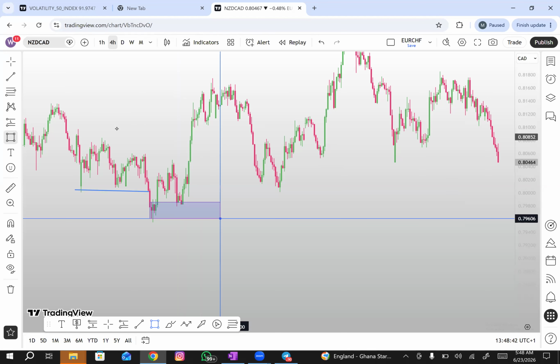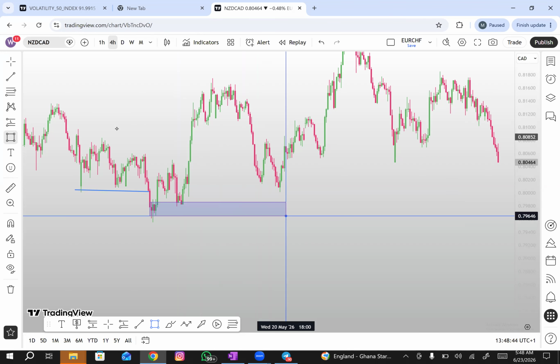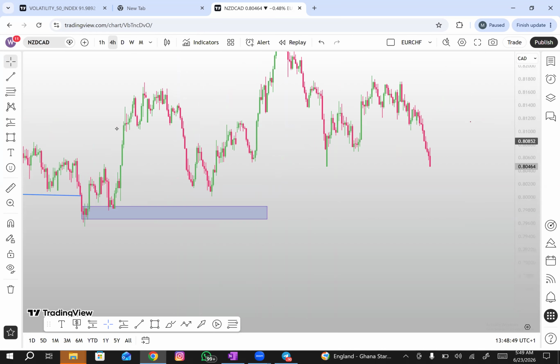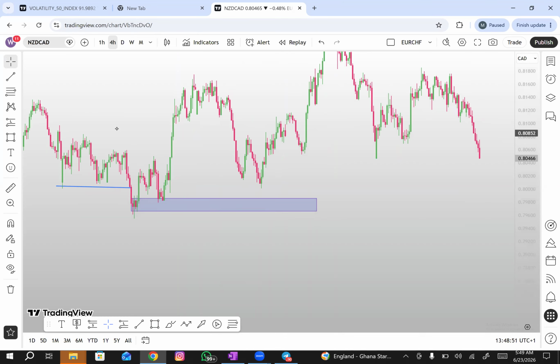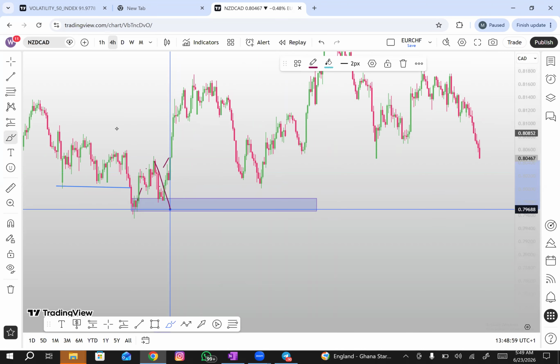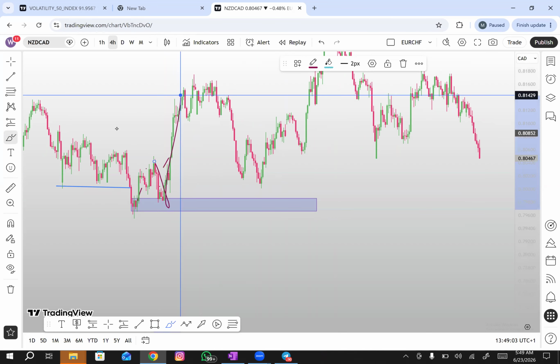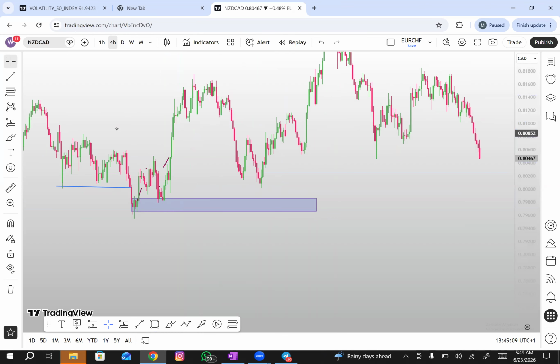So this becomes your order block. And what happened? Price came into your order block here and then bought from there. It's as simple as that.